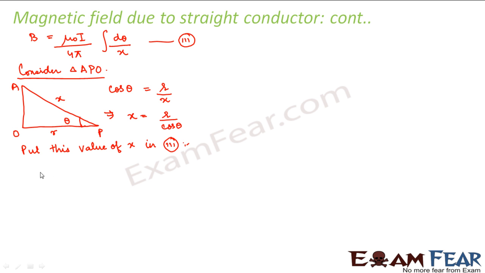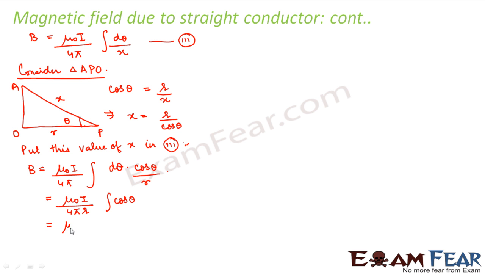What do I get? My equation 3 becomes B is equal to mu naught I by 4 pi integration of d theta into cos theta divided by R. So I get mu naught I by 4 pi r integration of cos theta. And what is integration of cos theta? It is nothing but sine theta.